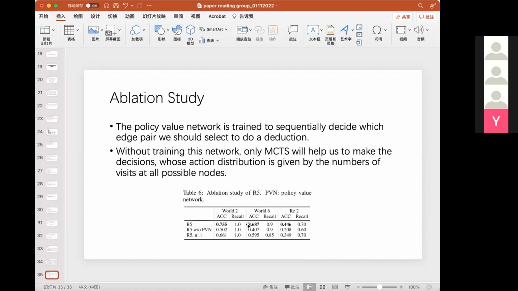In this case, we can see that the performance drops quickly, which means that this policy value network is important to make sure that we eliminate the relations in the correct order.